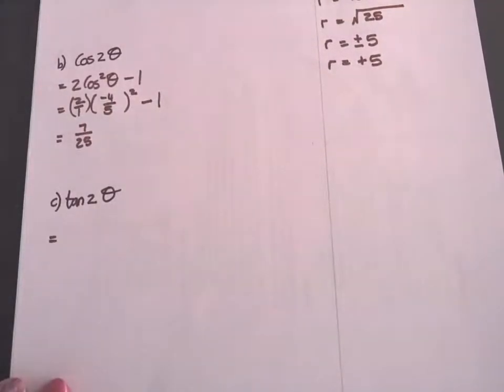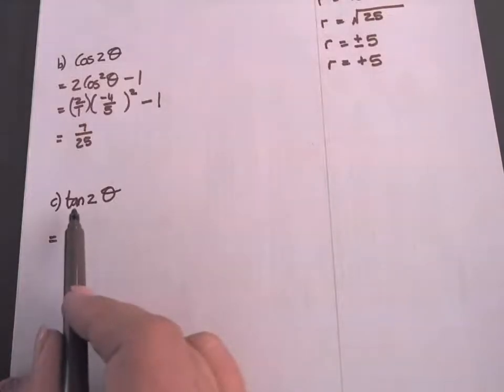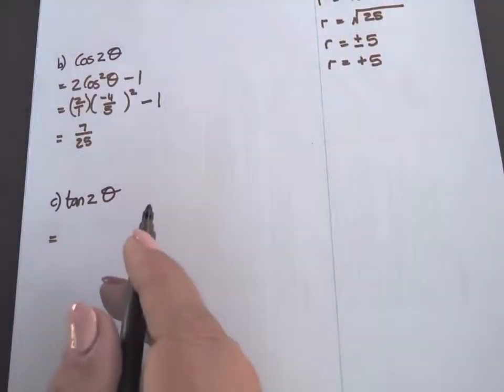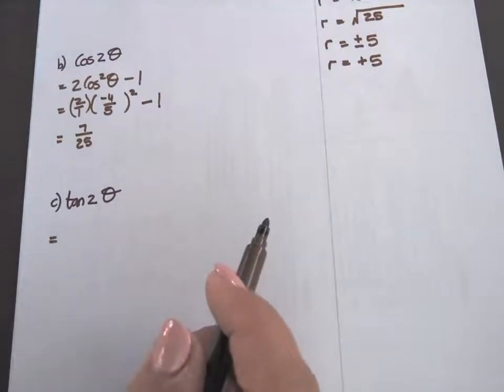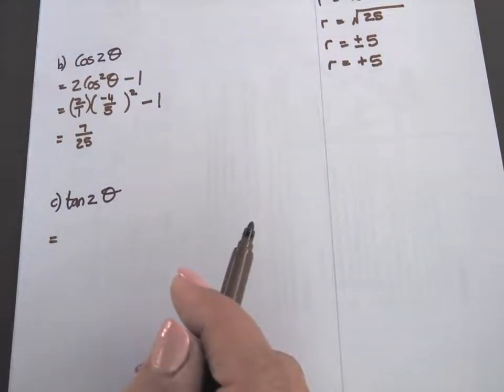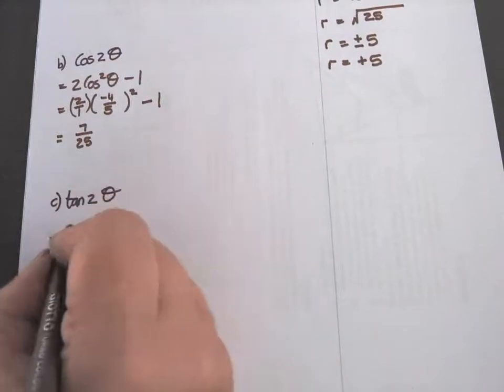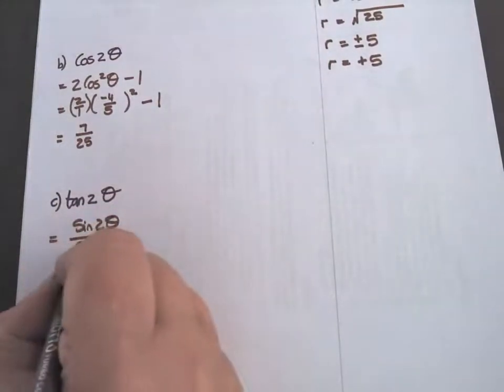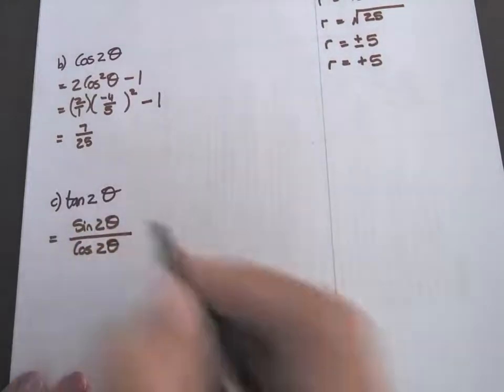Our third example, tan of a certain angle. You learned an identity in grade 10. Tan is sine over cos. So it's sine 2 theta over cos 2 theta.